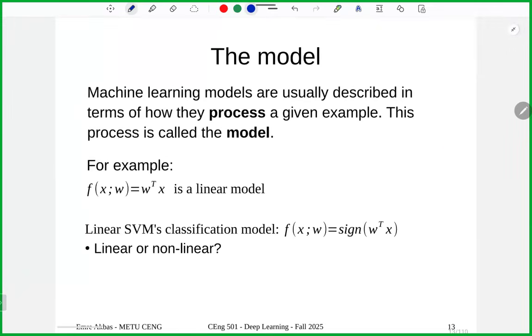A well-known machine learning model is linear SVM, and its classification model is as shown here. It is W transpose X. W are the weights of the model, but we also take the sign because we are looking at the binary classification task, +1, -1. So is this model linear or nonlinear?